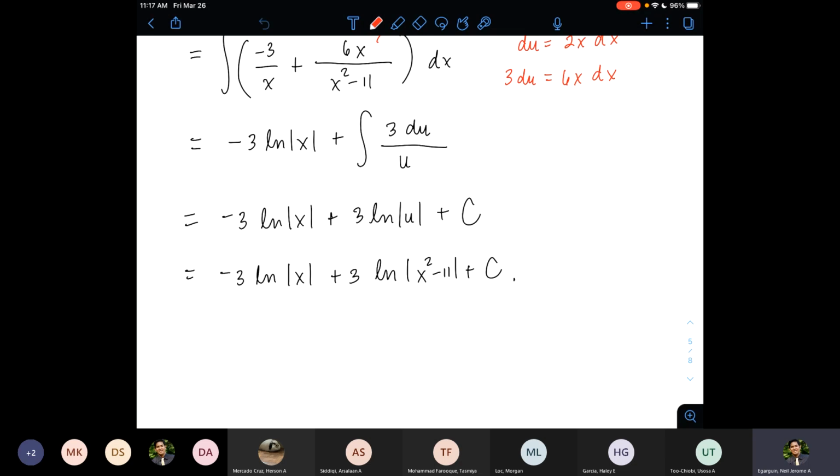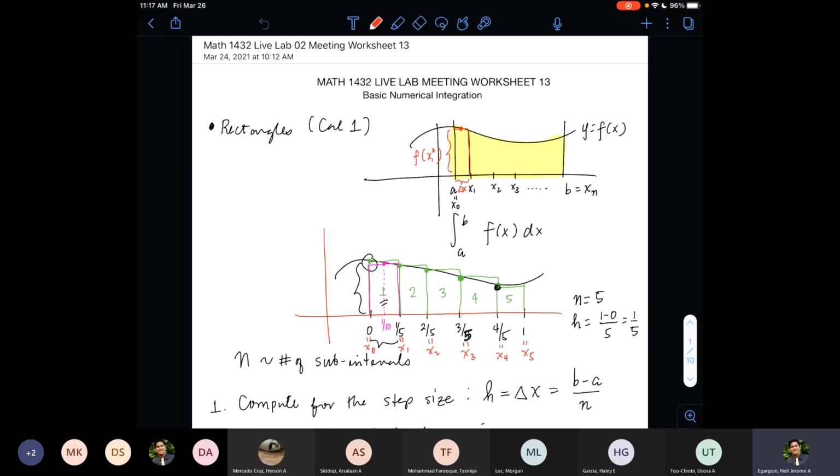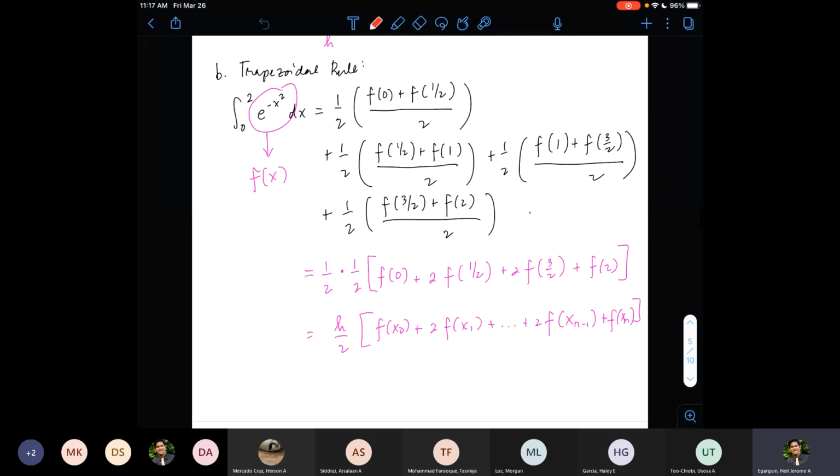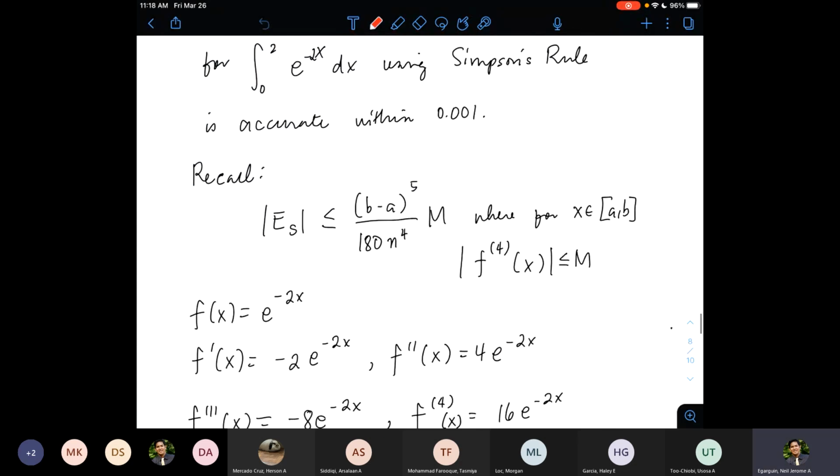I think using Simpson's or the trapezoidal rule. Let me go back here. Though I already deleted all the evidence for that, so you cannot.